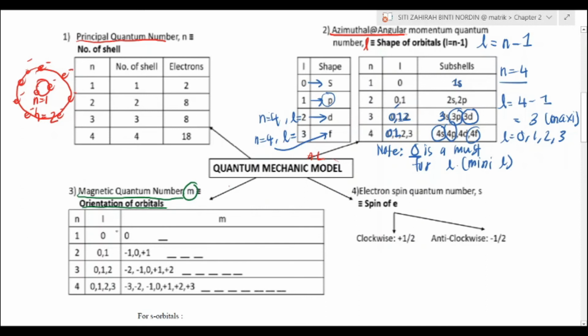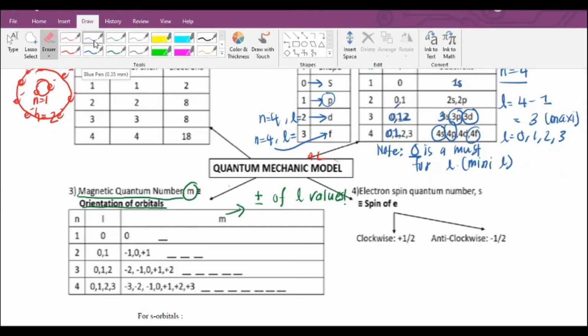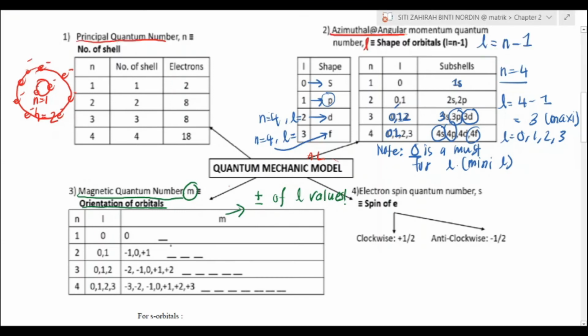Your M is just the plus and minus of L values. So when L equal to 0, M must be 0. You don't have minus 0 or positive 0. That's why for the S orbital, or S shape, you've only got one orbital diagram.